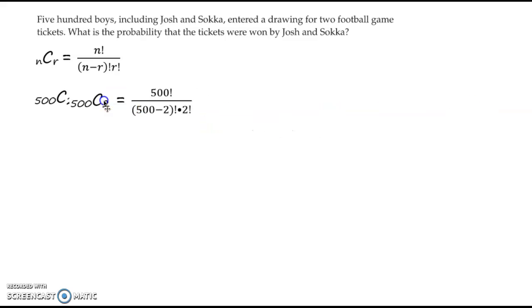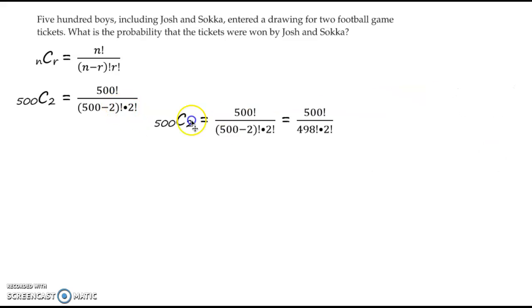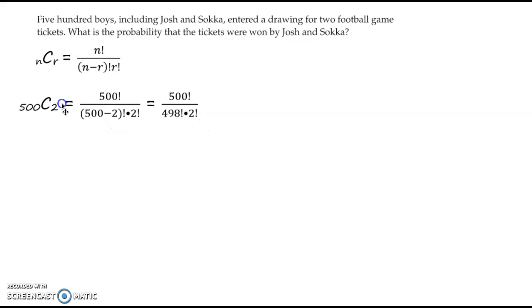So I would substitute in all my values. So I've got 500 factorial over 500 minus 2 factorial times 2 factorial. Simplifying that, I would really just have 500 factorial over 498 factorial times 2 factorial.